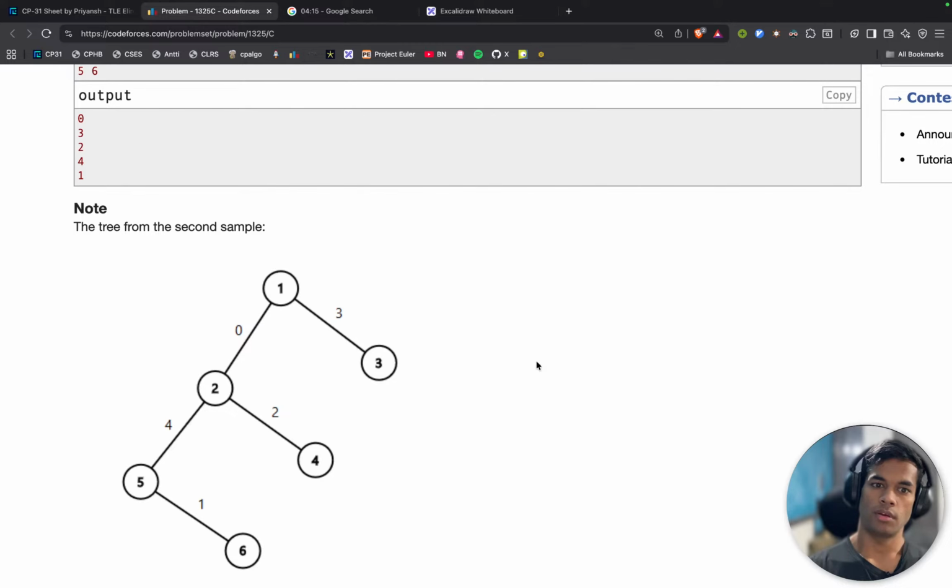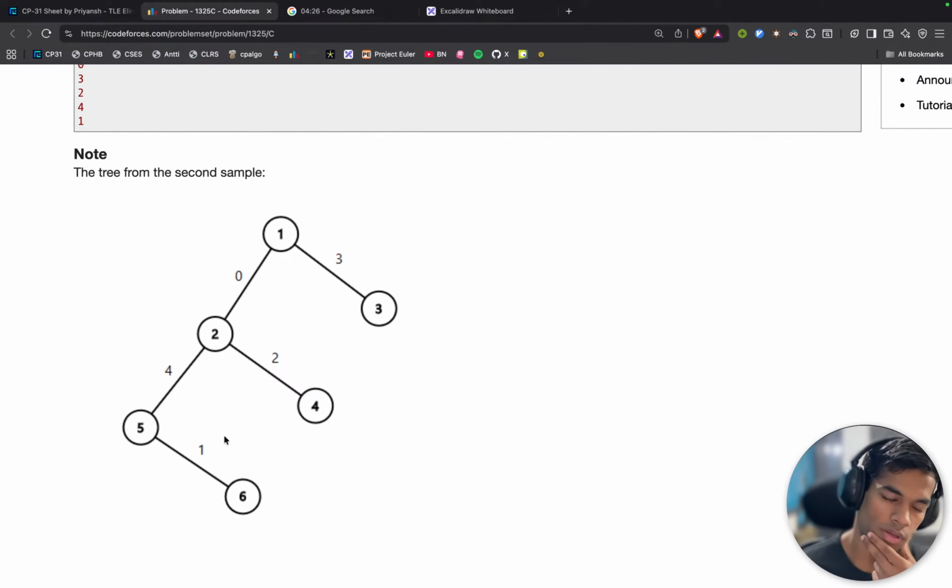Okay, in this case, the maximum thing is going to be 2.